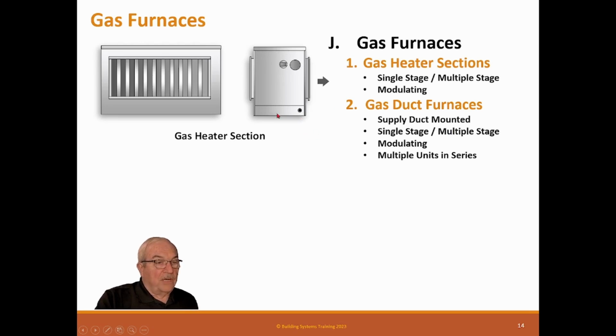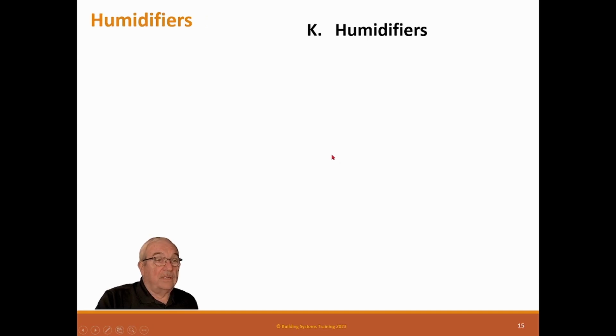So if you have a job that's really in cold country, like Alaska or Antarctica, you can put 2 or 3 of these in series. Or if you've got an industrial process where you need really warm air, like 150 degree air, you can put 2 or 3 of them in series. So these are advantageous for that.